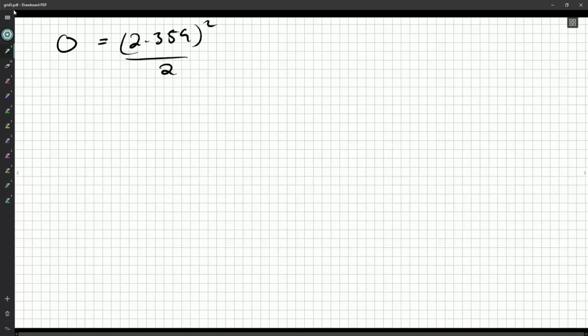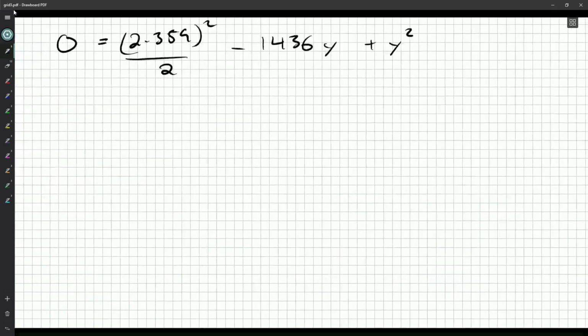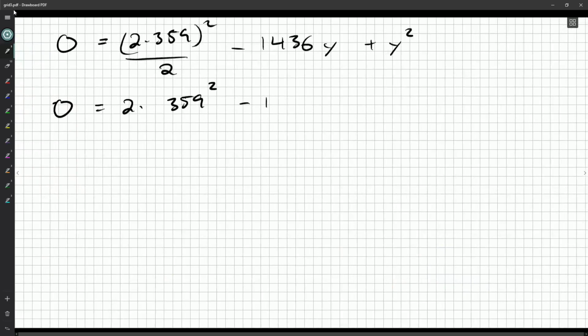So divide that by 2, minus 1436y plus just a single y squared. We copied that right? Yes, we did. So that'll be 2 times 359 squared minus 1436y plus y squared.